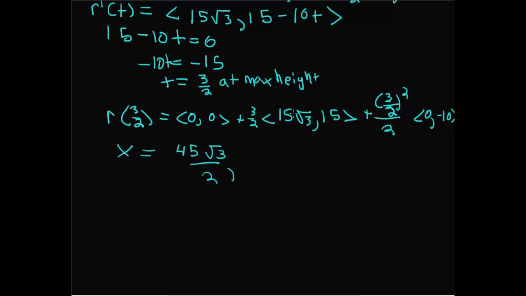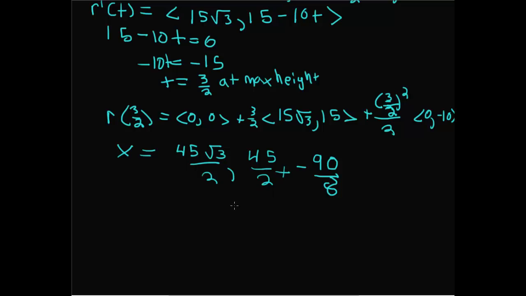In the y component, we got 45 over 2 plus, well, this is 9/4 over 2, which makes it 9/8, times negative 10, which is negative 90/8.